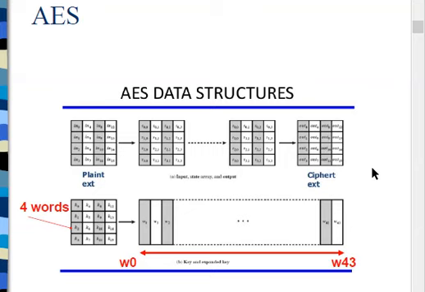If we consider that the number of rounds is equal to 10, we will have something about 44 keys, because in each round we will have 4 words and the number of rounds is equal to 10.